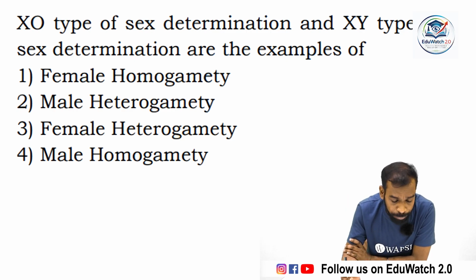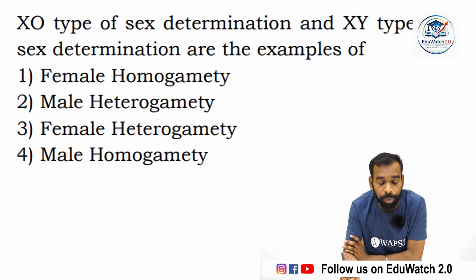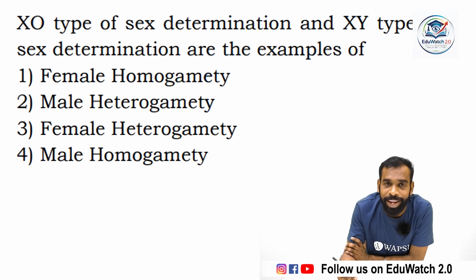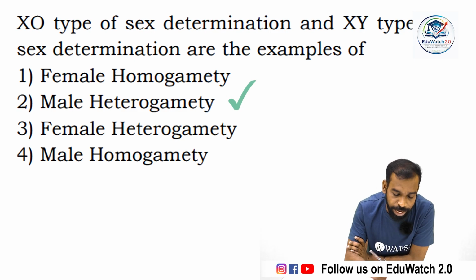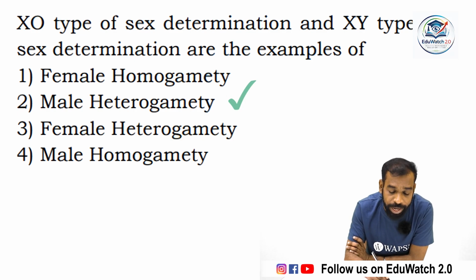Then question number 3, X0 type of sex determination and XY type of sex determination is found in male heterogamety in chick. When we are reading these questions, at that time itself we can get the answer. X0 means female, XY means male.